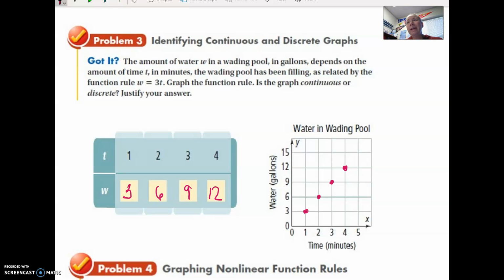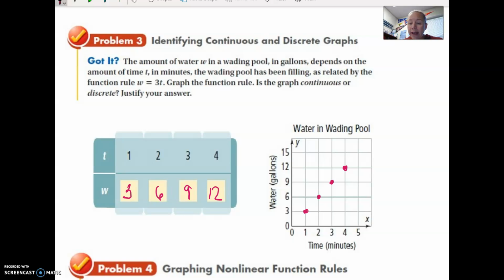Would that still make sense for this situation? And I would say it would. We could fill the pool up until it's at the top, and we could fill it up at any number of gallons. So in this case, any amount of water would work or make sense in this situation up to when you have filled the wading pool.